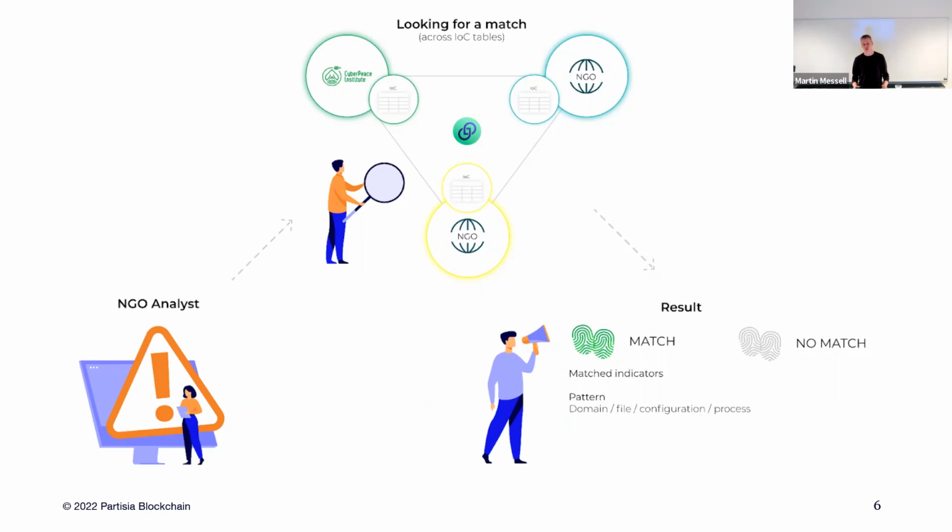So you only want to secretly input your indicators of compromise, the ones you found, and then you want to find out who has seen these same attacks themselves, and then you can bilaterally communicate with these NGOs to say, how should we solve this problem? How should we defend ourselves against this cyber attack?